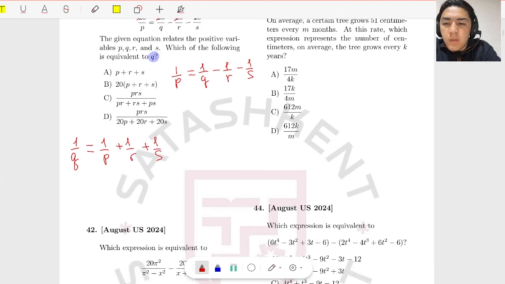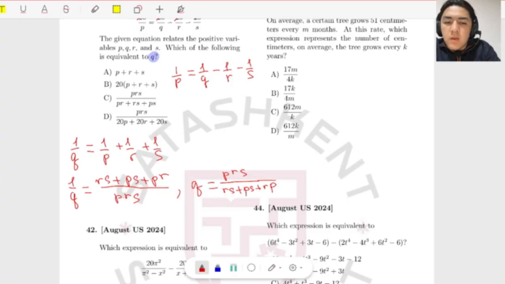Now simplify. 1 over q is rs plus ps plus pr over prs. And now if I find q itself, it will be prs over rs plus ps plus rp. And this is in option C.